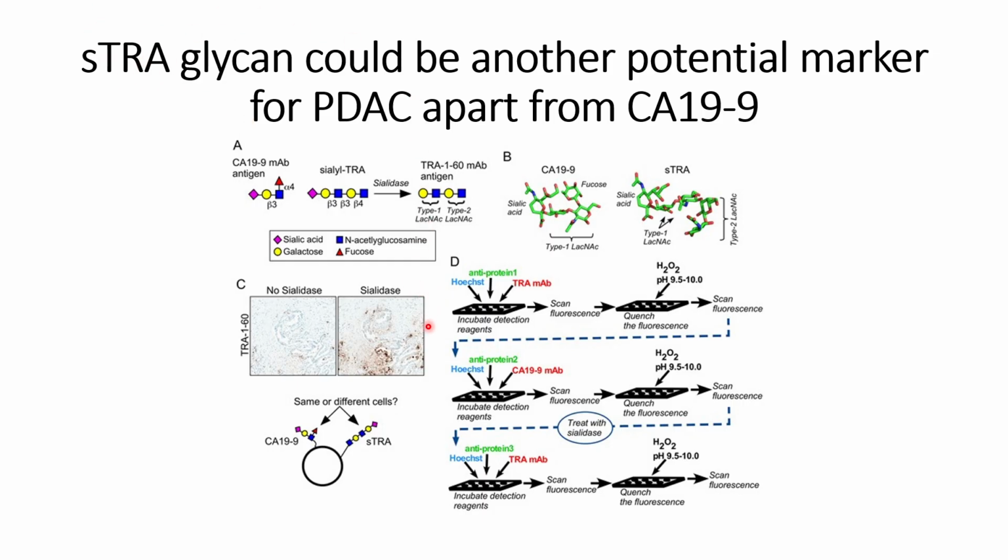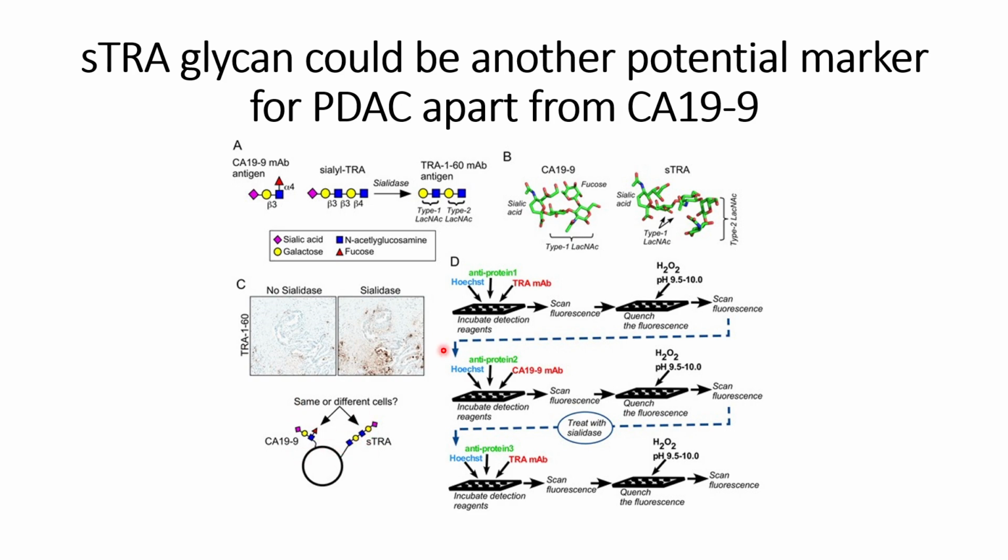Thereafter they developed an approach to check whether the CA19-9 glycans and the sTRA glycans are expressed at the same cell surface or at the same positions.